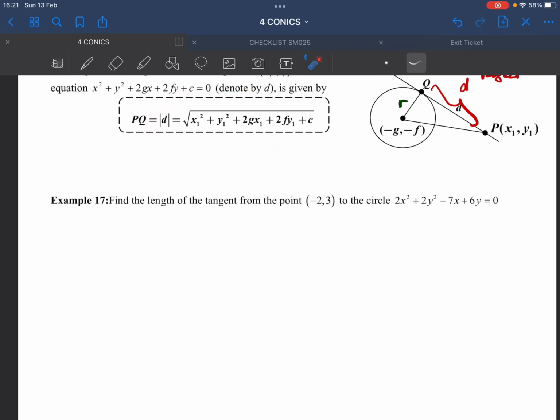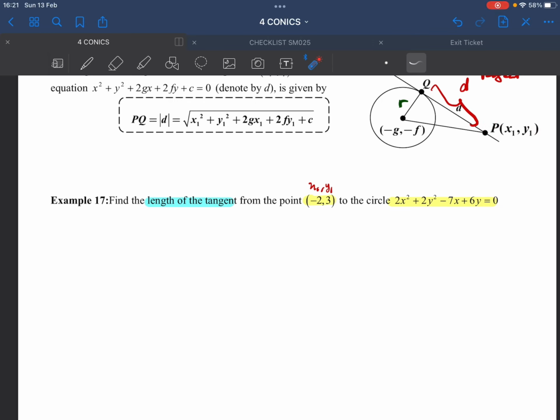So here the question asks, for example 17, for the length of tangent from a point (-2, 3) to the circle 2x squared plus 2y squared minus 7x plus 6y. What we are going to do here is just substitute everything into this formula. We have x1, y1, which is this point here, outside the circle, not this point here.